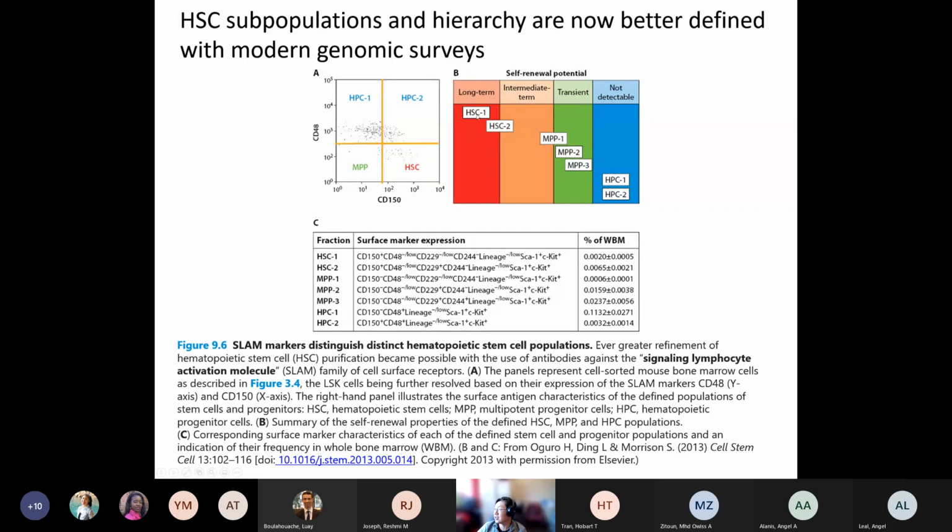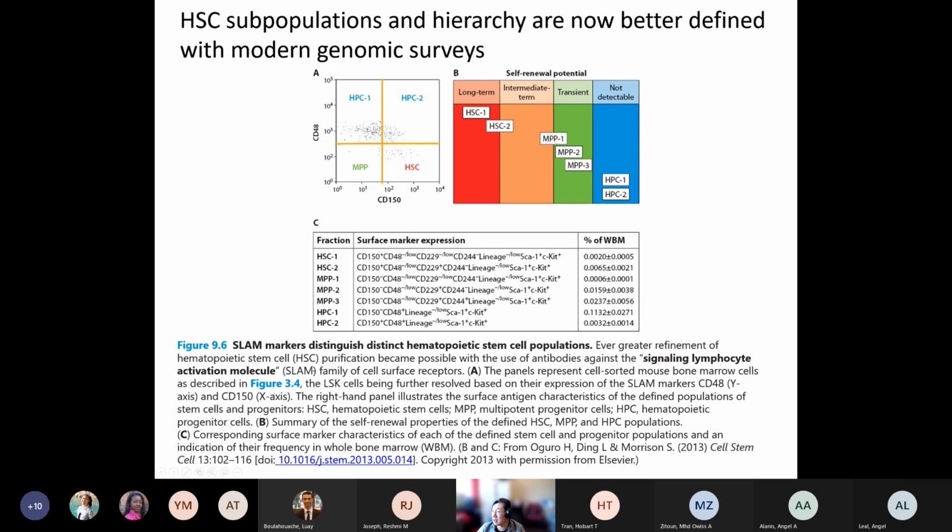Basically, the long-term and the intermediate-term stem cells, HSC1 and 2, sit around the apex of that hierarchy, followed by several multipotent progenitor cell types, and eventually the cells that cannot repopulate the hematopoietic system.